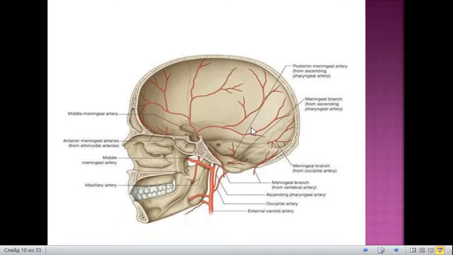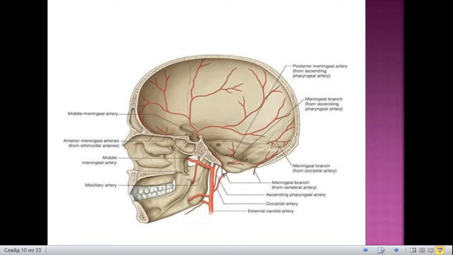After that, the middle meningeal artery, from the maxillary, from the external carotid. After that, the posterior meningeal artery, from the ascending pharyngeal, from the external carotid.